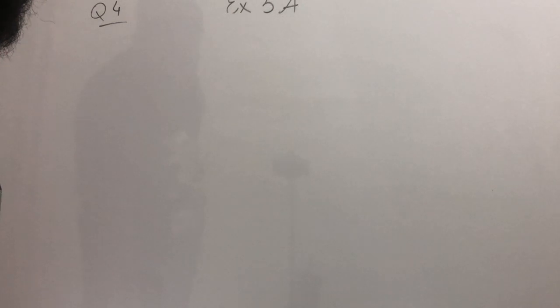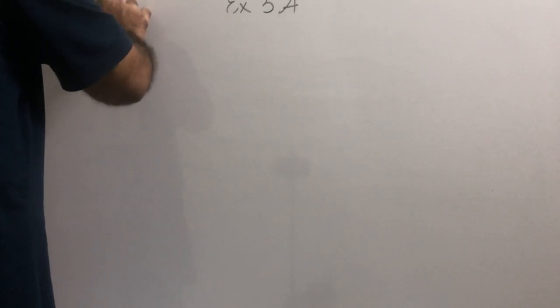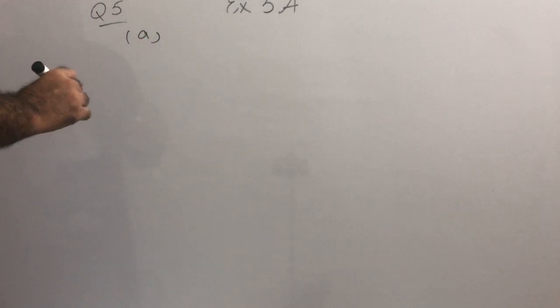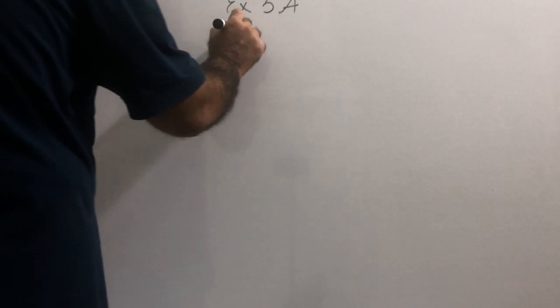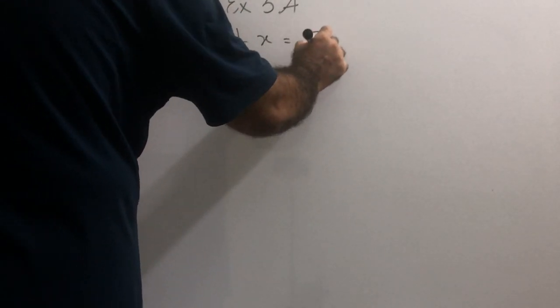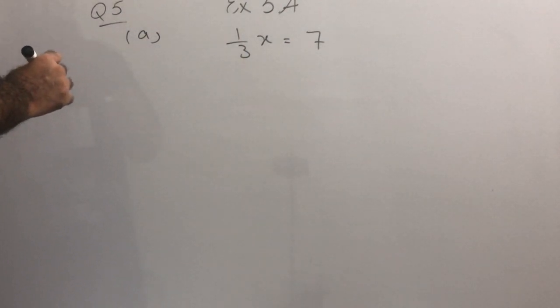Now we will be doing question number 5, part A. Solve each of the following equations. 1 over 3 x is equal to 7. We need to find the value of x.